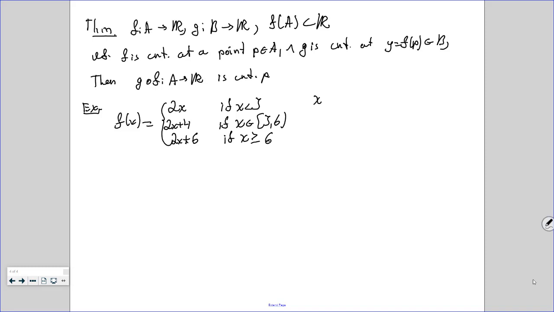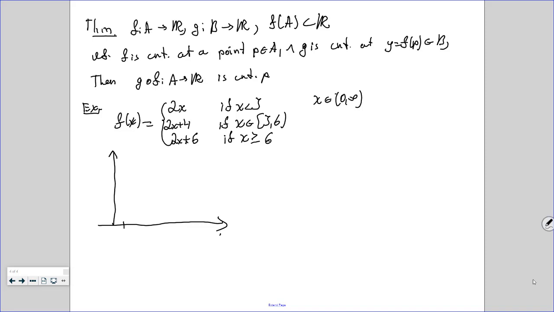And the domain of function f(x) is from 0 to infinity. Now the question is, obviously this is a discontinuous function.